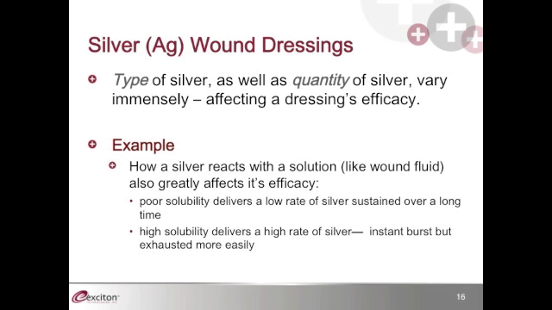To this effect, information about the type and the quantity of the silver within a wound care dressing can provide a clinician the facts needed to make critical choices in their wound care regimen. For example, understanding how a silver interacts and dissolves with wound fluid will provide data about the power and the duration of activity.